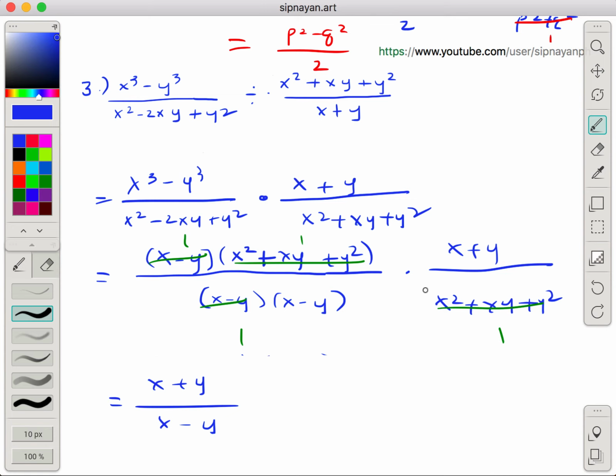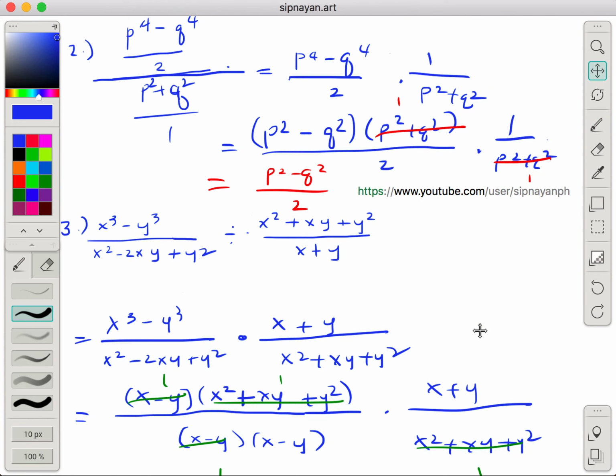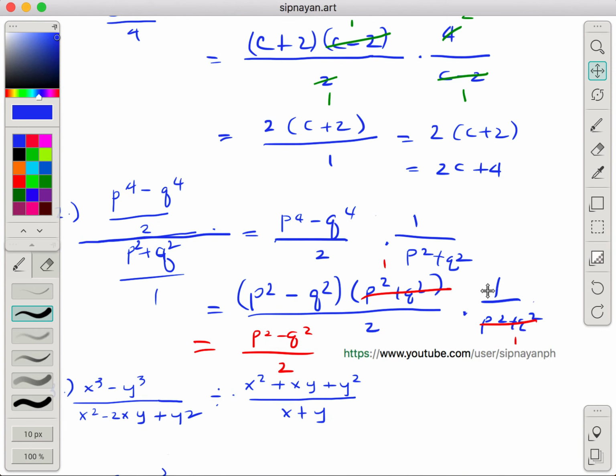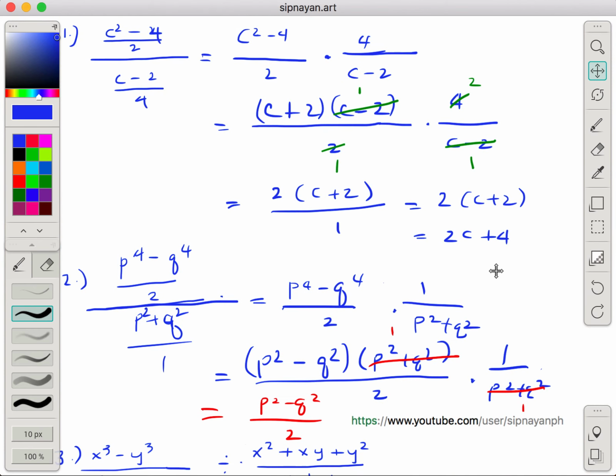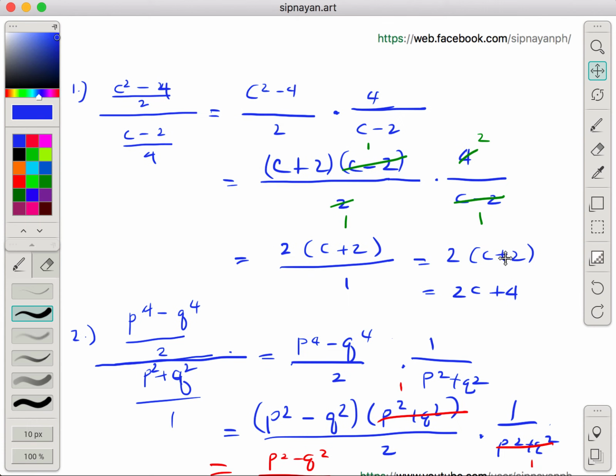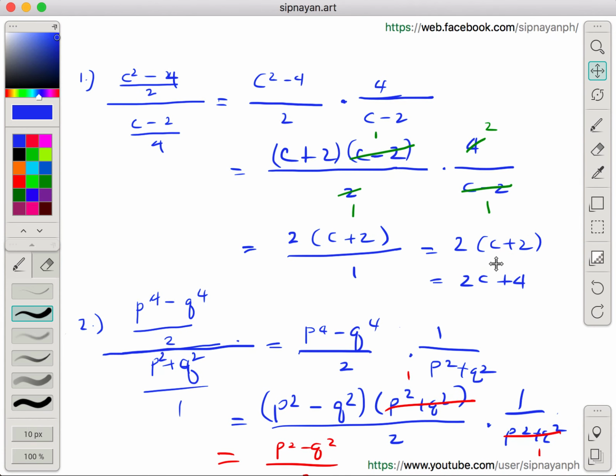I think hindi na tayo masyadong magtatagal dito sa division kasi actually division is just multiplication and I've given you already a lot of examples on multiplication of rational numbers, no? So basically ang mga skill na kailangan natin dito para natin ma-master ito ay una yung factoring, no? Dapat familiar kayo. Hindi ko na siya masyadong explain dito, kasi ang assumption dyan ay marunong kayo mag-factor.